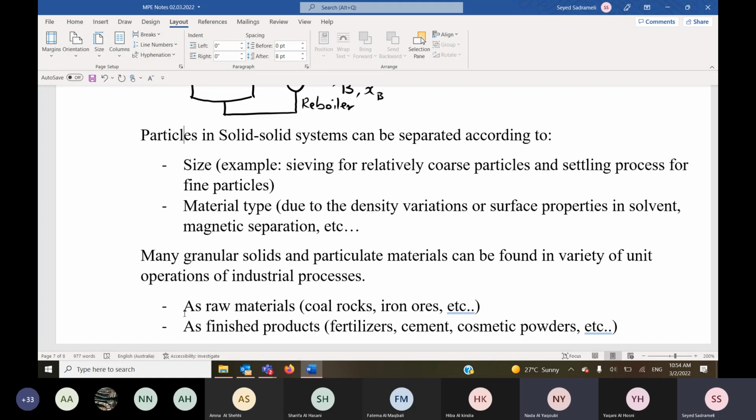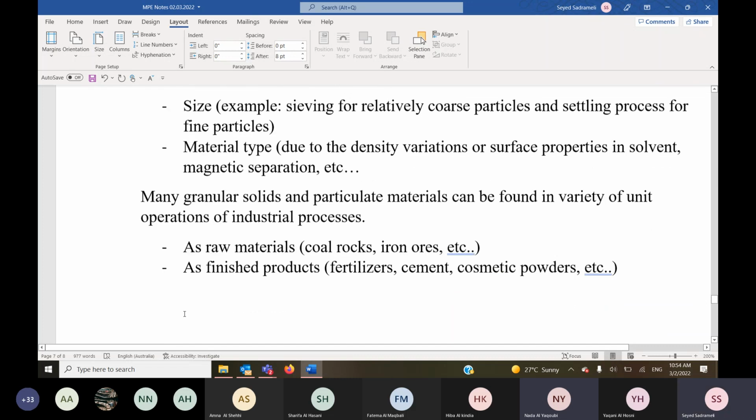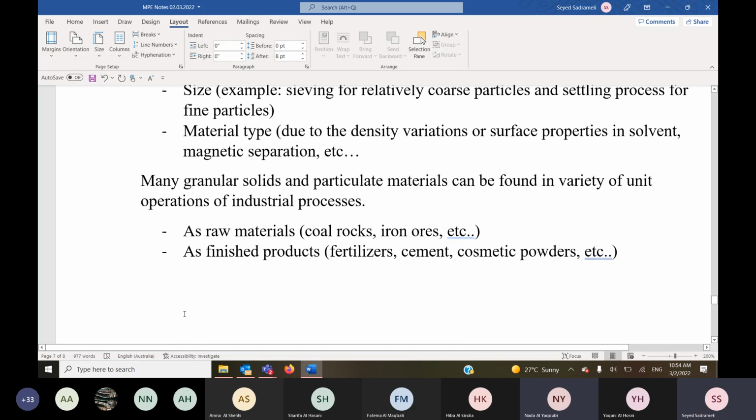Many granular solids and particulate materials can be found in a variety of unit operations in industrial processes. As raw materials, you have coal, rocks, iron ores. As finished products, fertilizers, cement particles, cosmetic powders, and so on.